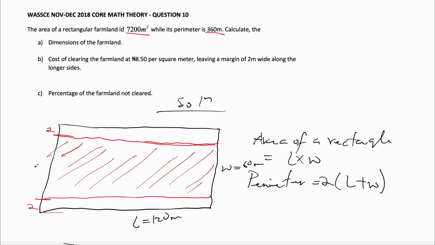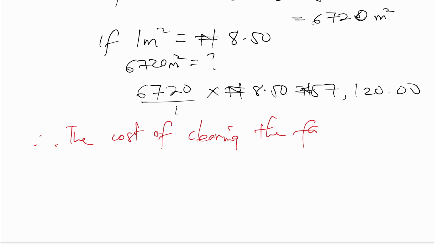Therefore, the cost of clearing the farmland is 540,960 naira.